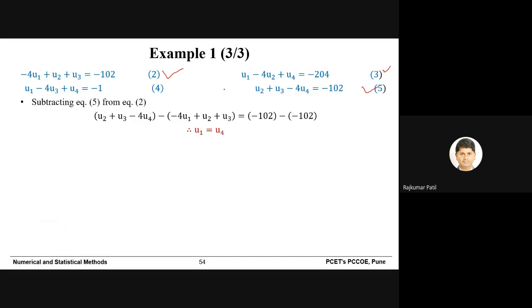Why am I putting all the four equations here? Because in previous slides we prepared four equations. And if you look at these four equations, they consist of terms u1, u2, u3 and u4. So we can say that these are four simultaneous equations. So equations number 2 to 5 are the four simultaneous equations.